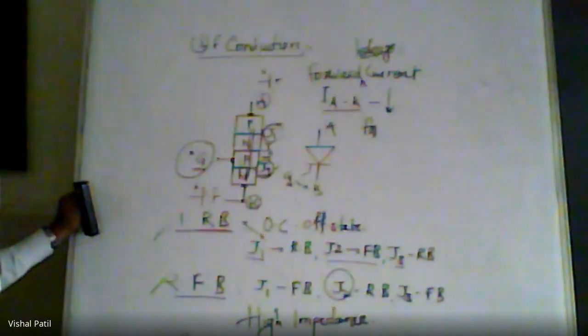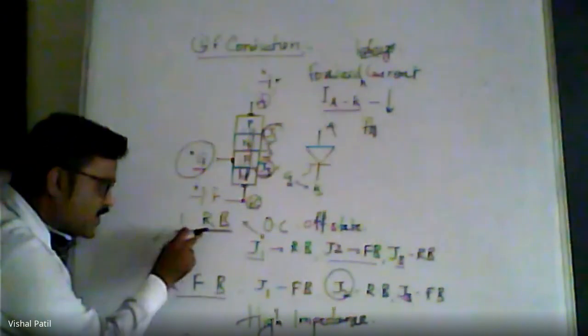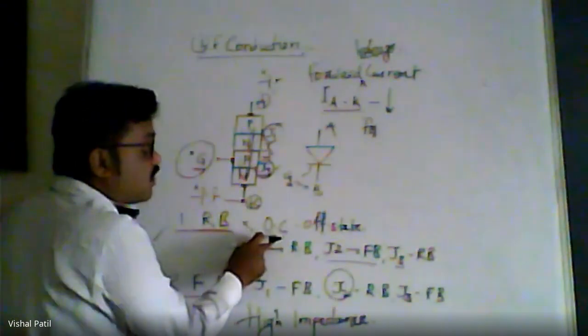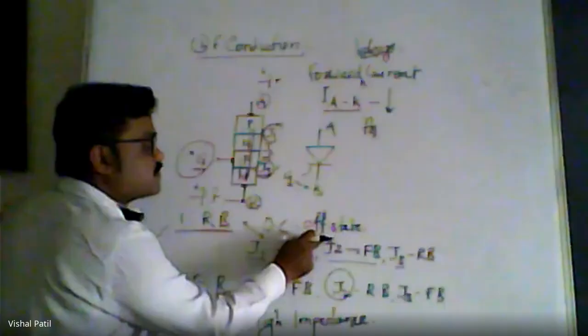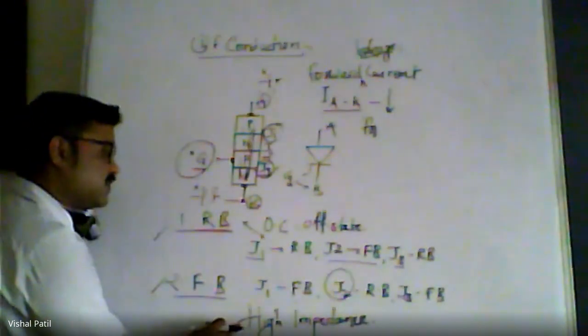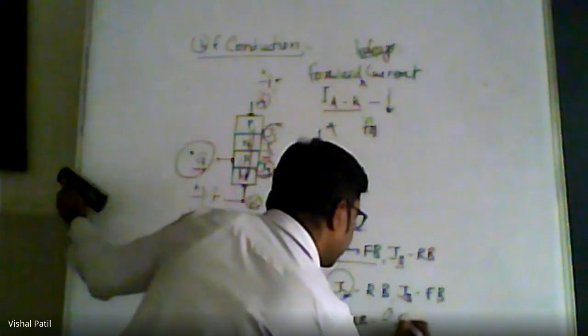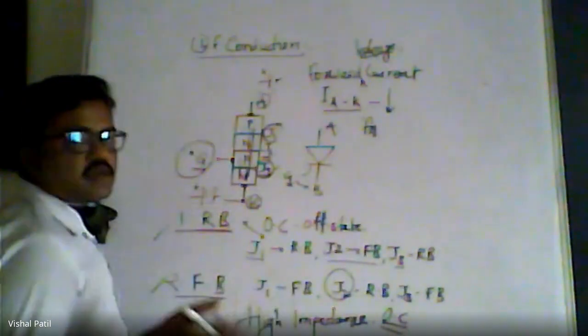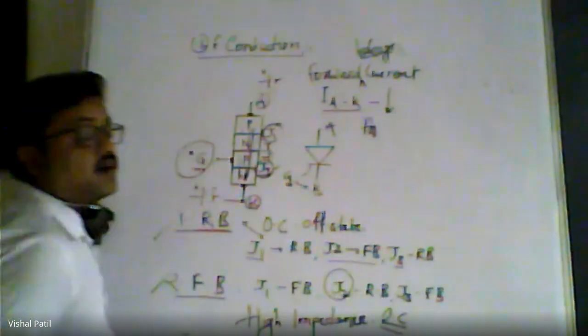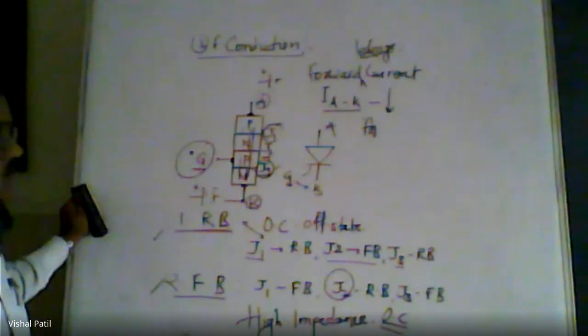Now we get the expected operation of the device. In the first mode, we call the device open circuited, meaning off state. In the second mode as well, the device is said to be open circuited, as if in the off state, though a very small current flows.